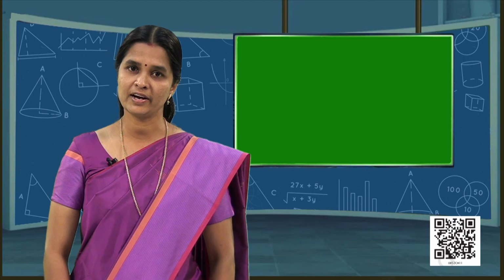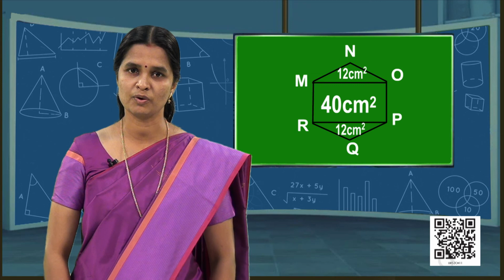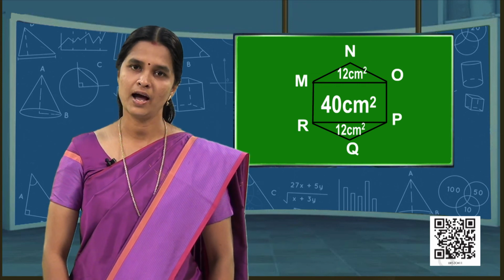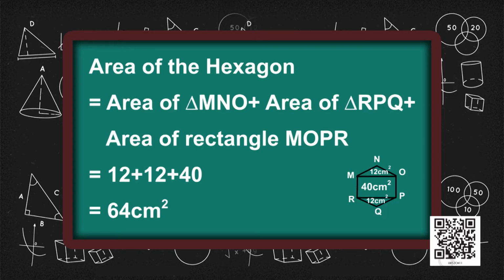Now, we can find the area of the hexagon by adding the areas of these two triangles and the rectangle. Let us see what is the total area. Area of the hexagon is equal to area of triangle MNO plus area of triangle RPQ plus area of rectangle MOPR, which is equal to 12 plus 12 plus 40, that is 64 centimeter square.